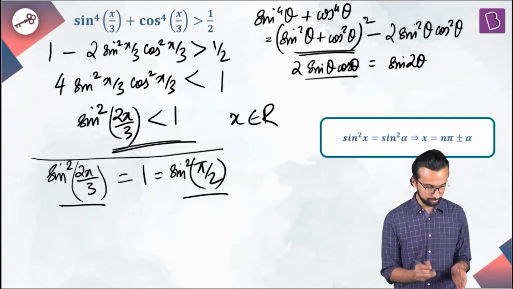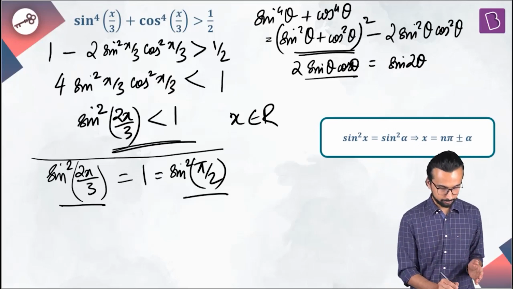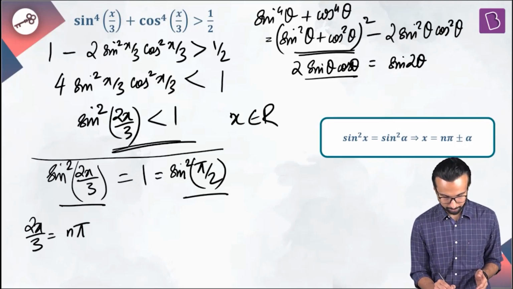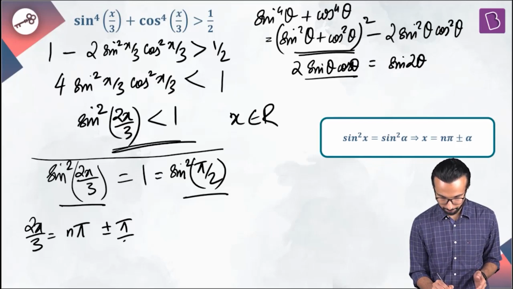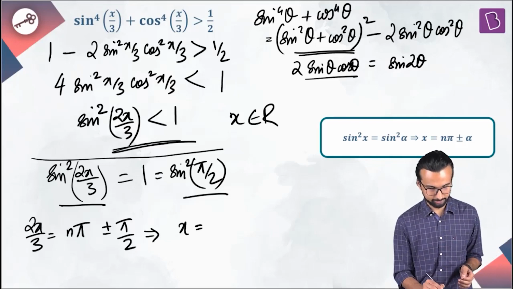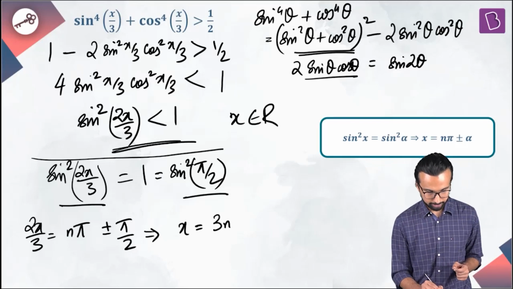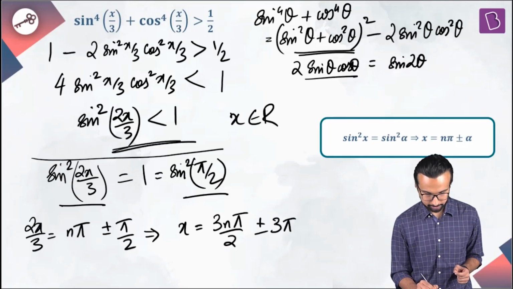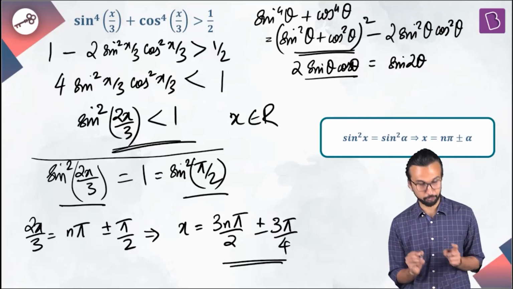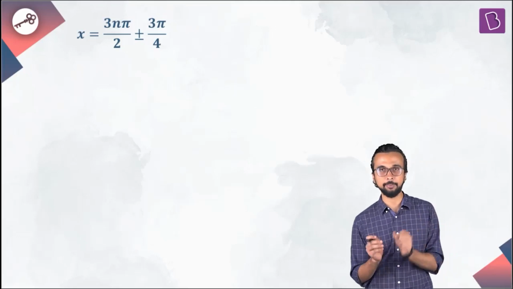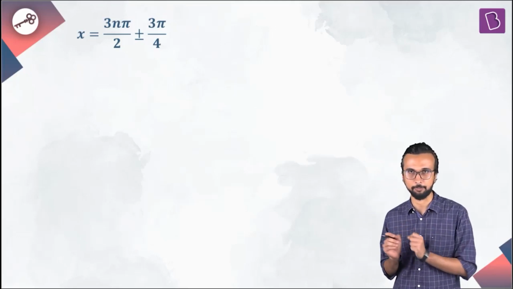So in this context, you get 2x by 3 equal to n pi plus or minus pi by 2. Or in other words, x is equal to 3n pi by 2 plus or minus 3 pi by 4.